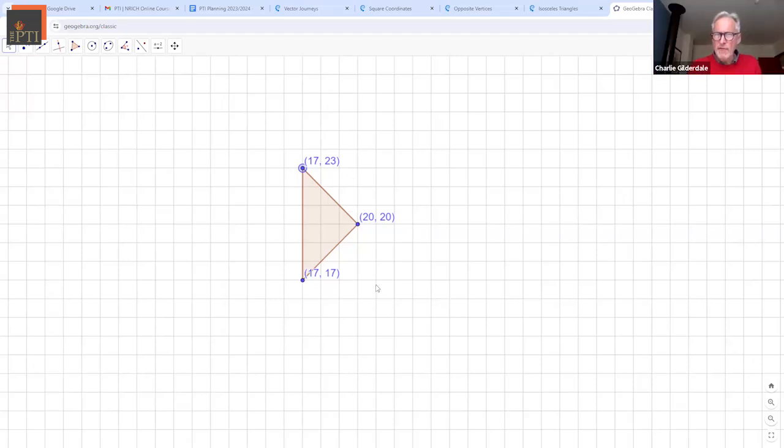That'll be all the families of isosceles triangles where one side is vertical and 2020 is still the odd one out. But there are others, aren't there?